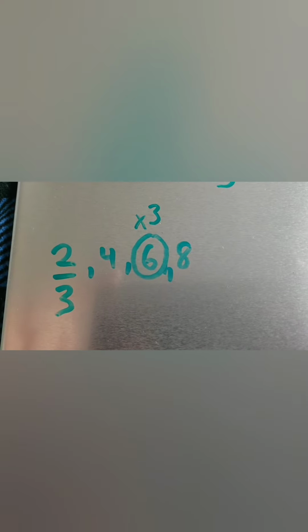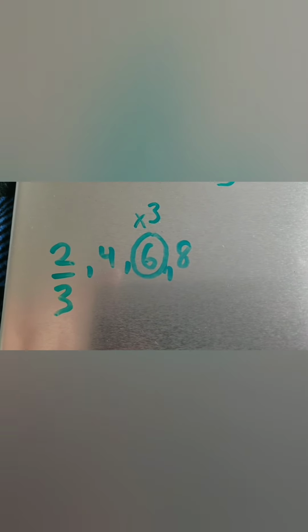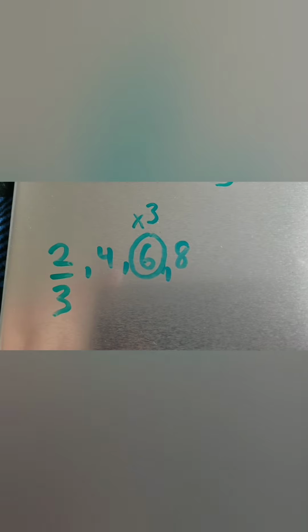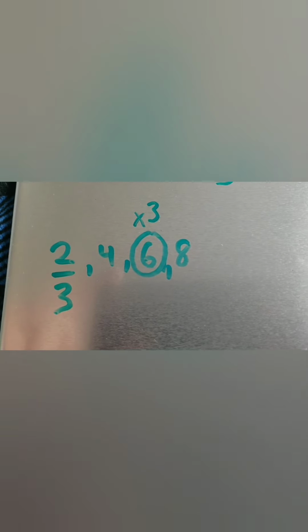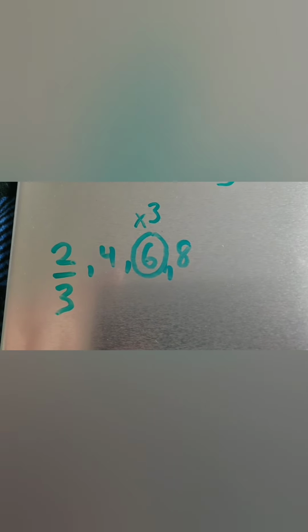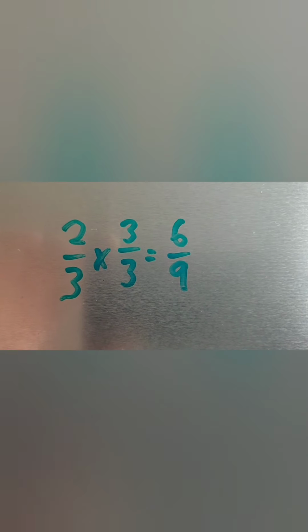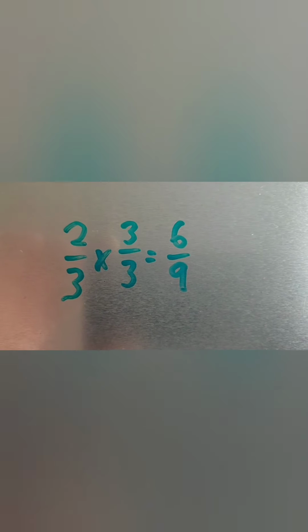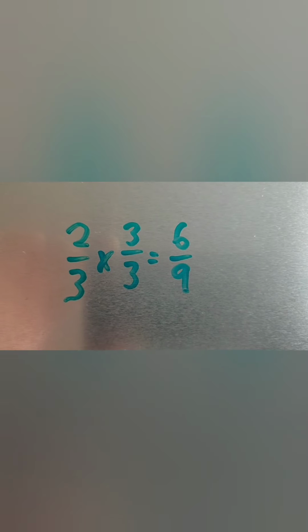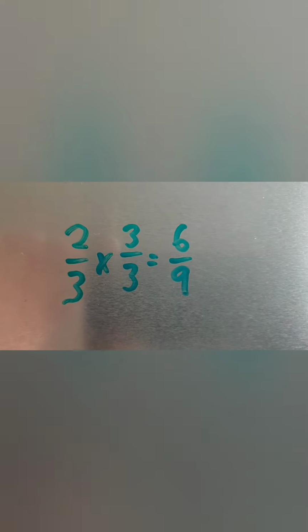And what that means is that in order to express 2/3 as a fraction with a numerator of 6, we're going to need to multiply 2/3 times 3/3, because that's going to give us an equivalent fraction to 2/3 with a numerator of 6. When we multiply 2/3 times 3/3, we find that 2/3 is equivalent to 6/9. So remember, that means that 2/3 and 6/9 are the same thing.